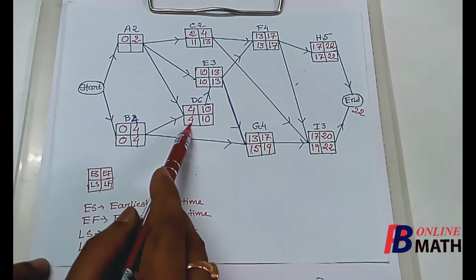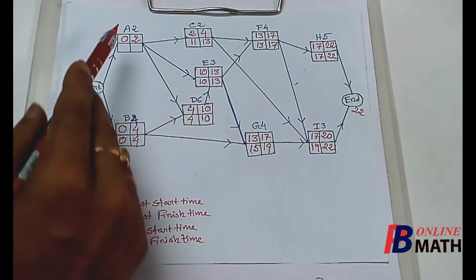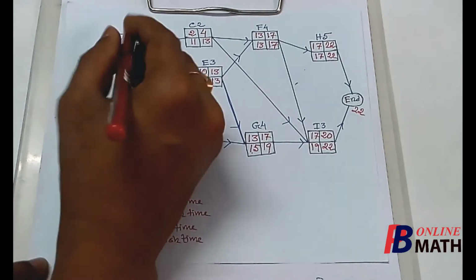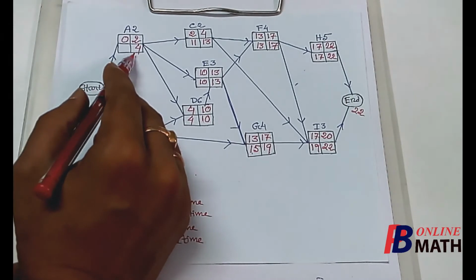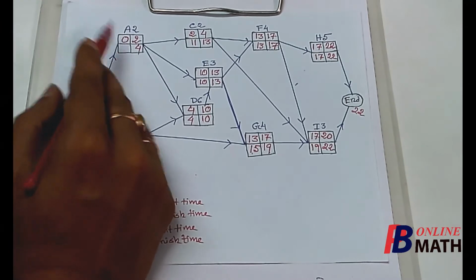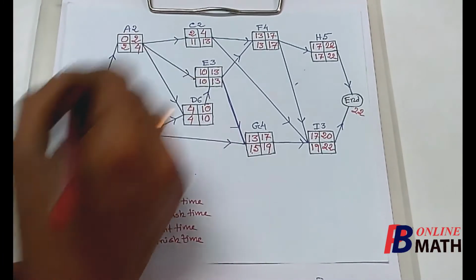So this 4 must be the latest start time of this activity D. Therefore the activity A must be completed latest by 4 days. So this 4 must be the latest finish time of the activity A, and it requires 2 days. So the activity A must be started latest by 4 minus 2, that is 2 days.